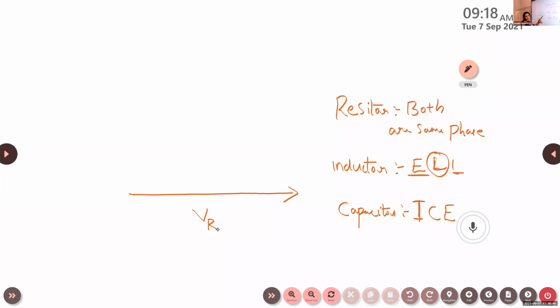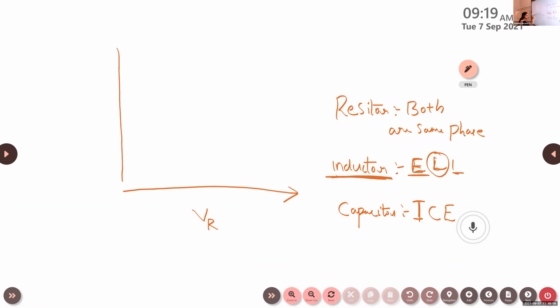Now in the case of inductor, EMF leads the current by 90 degree. So we are representing a 90 degree with respect to VR. Here we have VR.